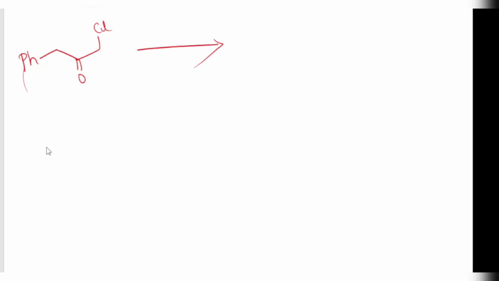Suppose this is a particular compound, and another compound I will take, here phenyl is there, and here like this carbonyl is there, and here CH3. Then here chlorine is there. Here chlorine is attached away from the phenyl group, and here the chlorine is attached towards the benzylic carbon.